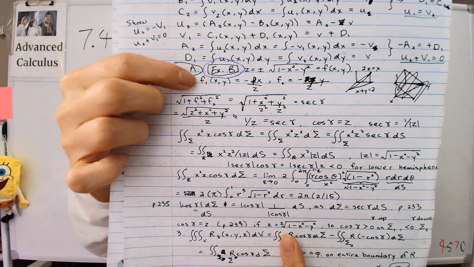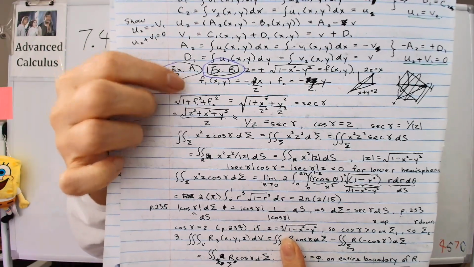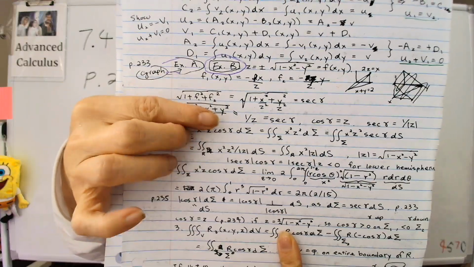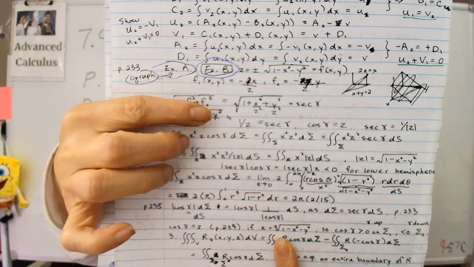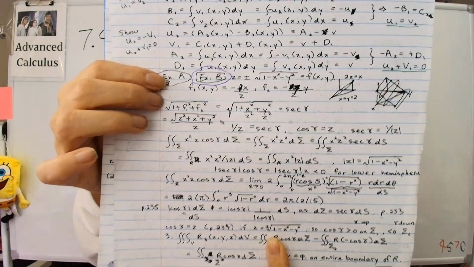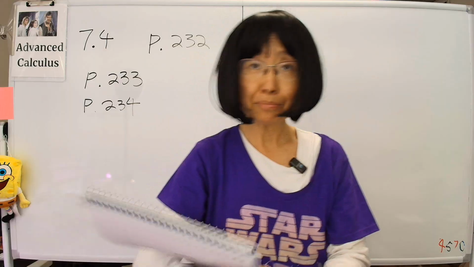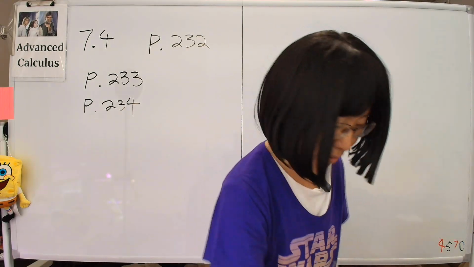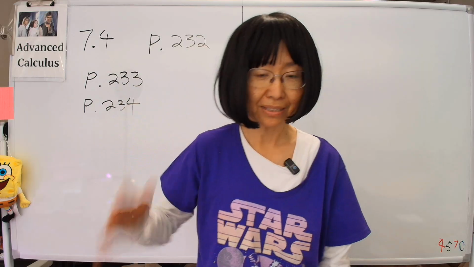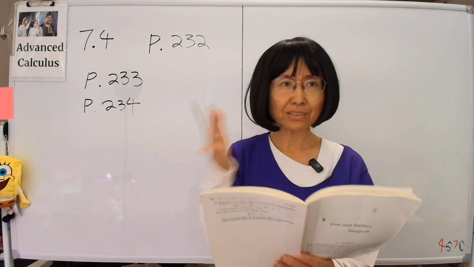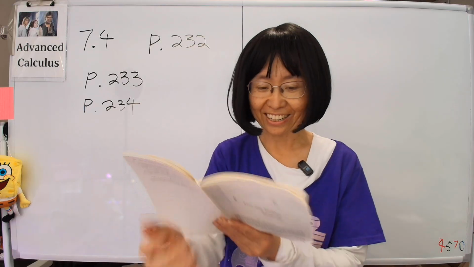Then we figure out what f1 and f2 are, and plug it all in, and eventually you realize 1 over z is secant gamma, which means cosine gamma equals z, or secant gamma equals 1 over z. Sometimes we might need to stick the absolute value on there to take care of things like whether it's pointing up or down, being that it's an exterior normal. It's a bit of a detail. Please think about that yourself.